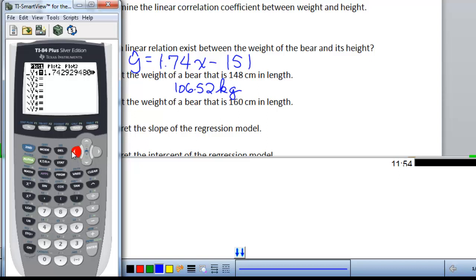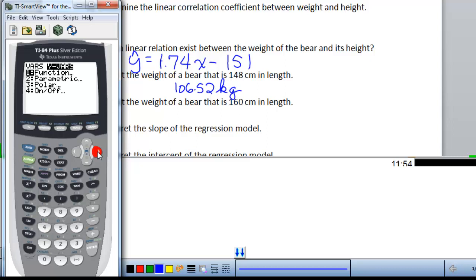Okay, so you see the 1.74, it's got all the extra decimal places, etc. And in fact, while we're here, if I graph this now, it graphs that regression equation with my data so I can see how well the equation fits the particular data set that I have. If I want to use it for making a prediction, I would go to vars and go to yvars by using the right arrow.